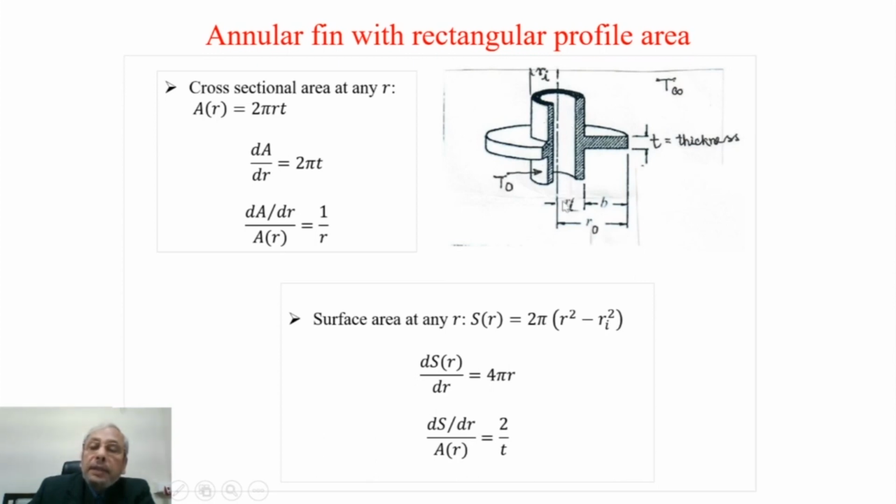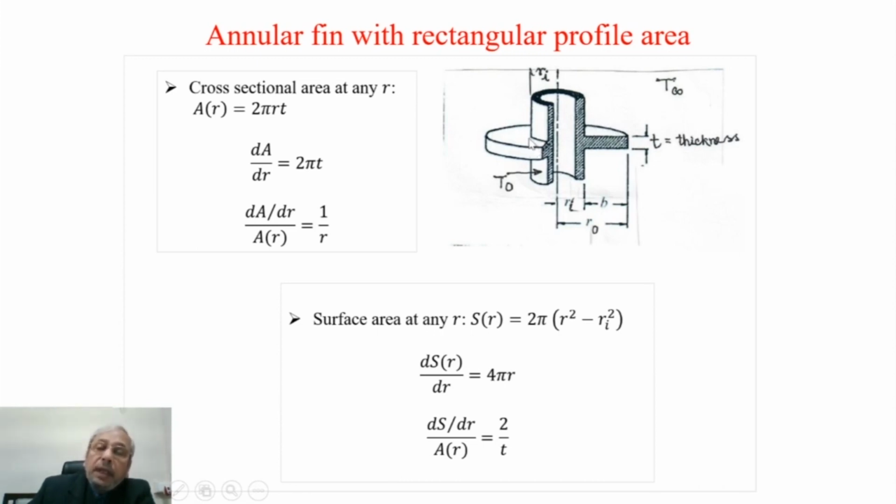Usually the arrangement is such that a hot liquid or hot gas flows through the tube and the tube gets heated, and this tube has to be cooled, or this thermal energy has to be taken away by the surrounding fluid. And that is why this extended surface, which is in the form of an annular fin, has been attached.